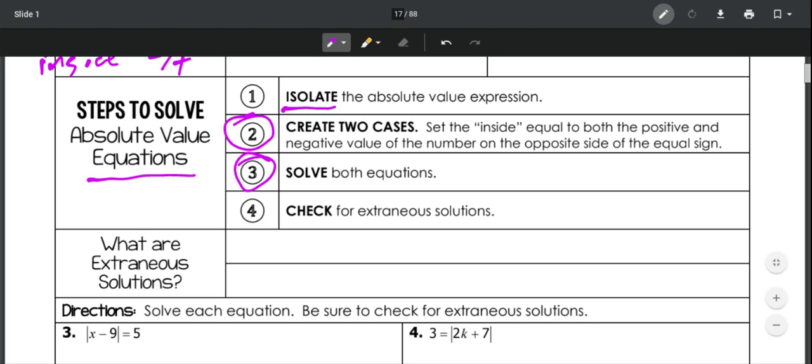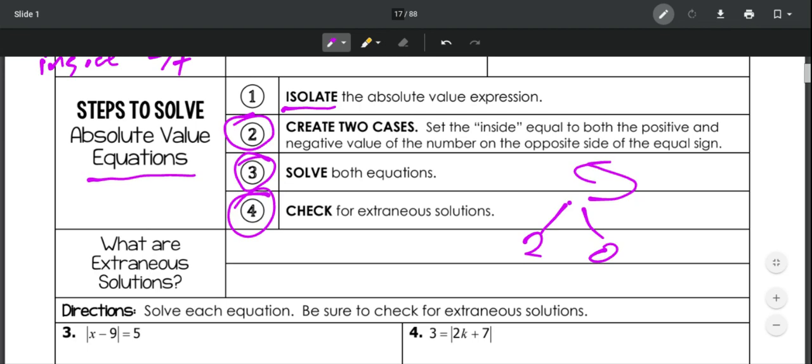Then we're done. Last step, check for extraneous solutions. That means once you get your two answers, you're going to plug them back into the original and make sure that it's correct. Now, you may think that you don't have to do that, but if you are on a test and you give 2 and 0 as the answer, those may not be the answers.